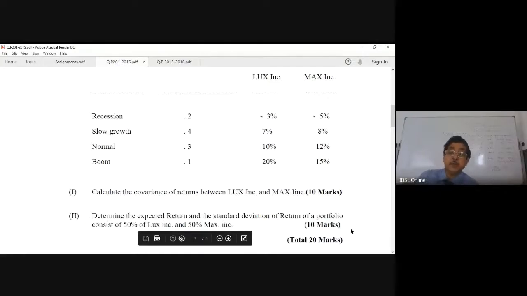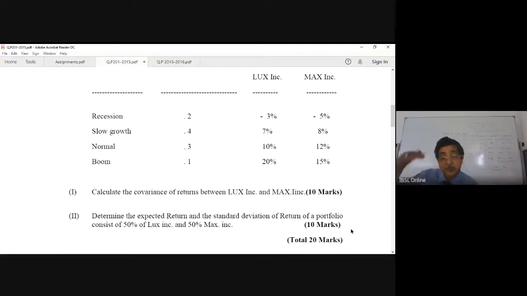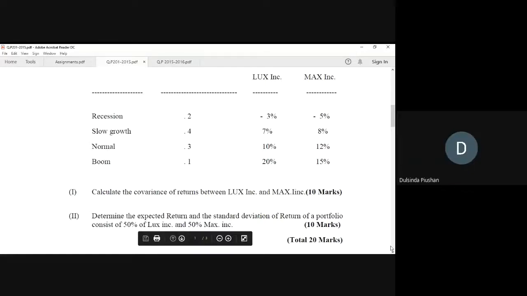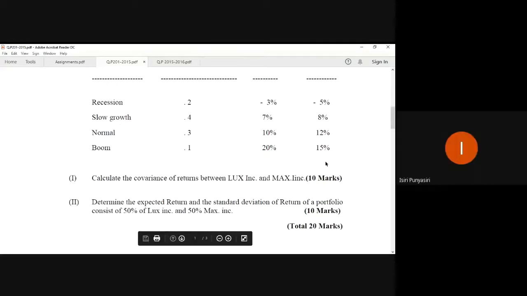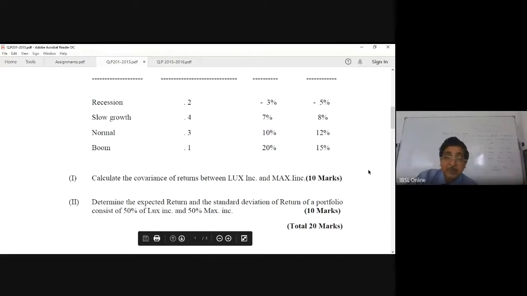So if you got the final answer wrong, but you have applied the correct principles and up to a certain level you have done correctly, then up to that level you will get the marks. Okay. Because if you have a wrong answer, normally the whole thing will be checked again, and till the point where you went wrong, you will get the marks.